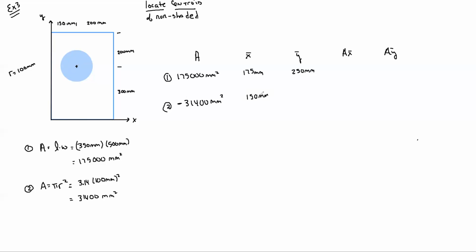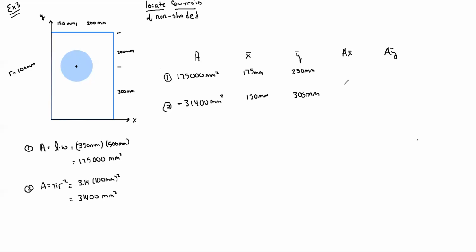To find the y bar, it's the diameter divided by 2 as well, except I've got to go up to get there. The distance from the origin up to that center is 100 plus 200, so 300 millimeters.